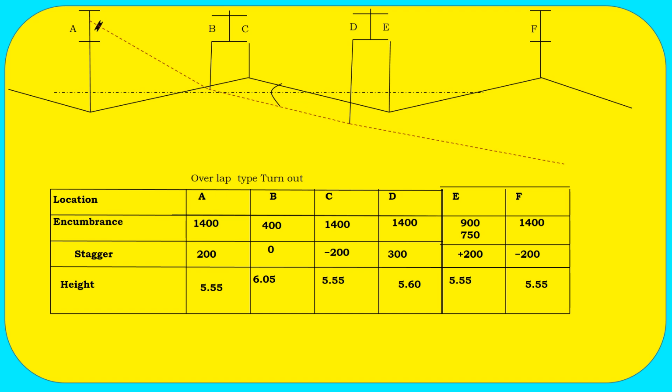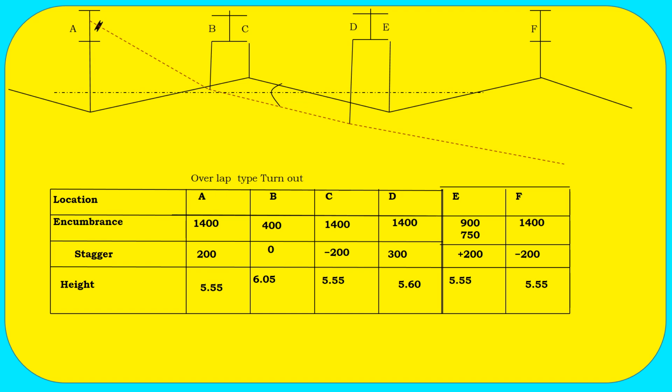Here they have taken it as 100, which is safe. The E means the main line, whose height is normal, 5.55 or 5.60.